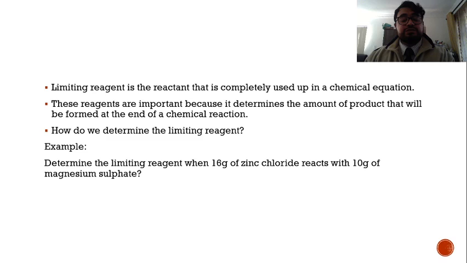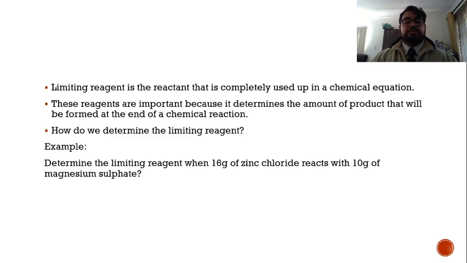The question gives you the compound in words, and you need to take that word and translate it into its chemical formula. That's one thing you need to know. The next thing is that you have to draw up a chemical equation: zinc chloride plus magnesium sulfate gives you your products. That's the second thing. The third thing you need to know is what values they are giving you to determine our limiting reagent.